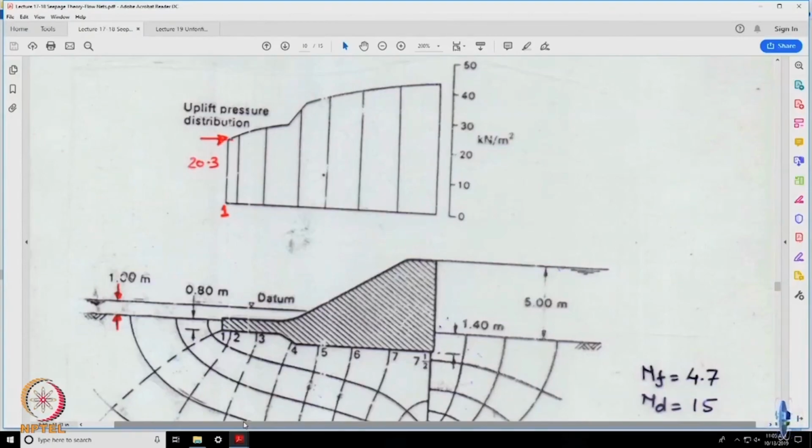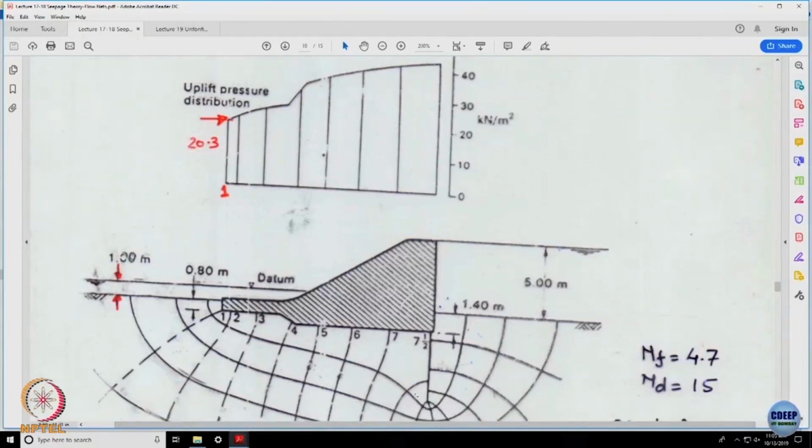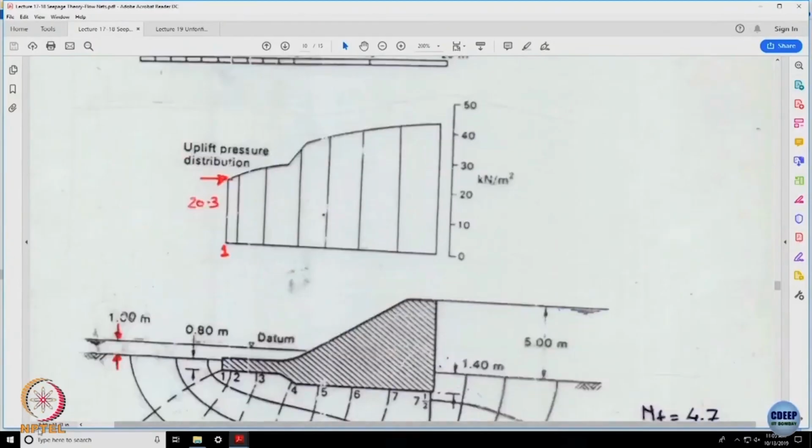So, please practice these situations, follow some book, and I think there should not be any problem. Once you know the pore pressures, you can obtain the distribution of the pore pressure which is acting at the base of the system, and then I can impose this pressure for finding out the stability of the dam.